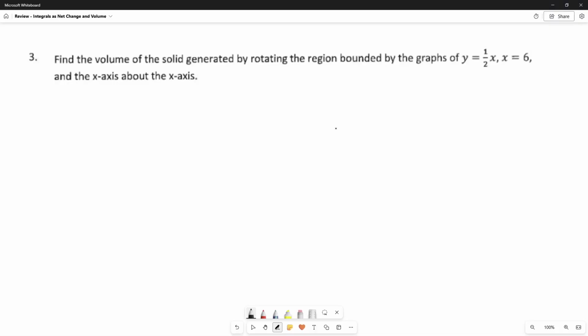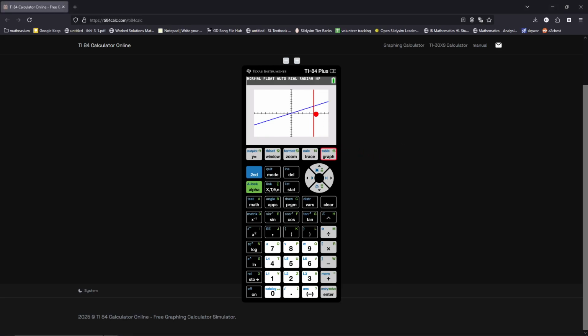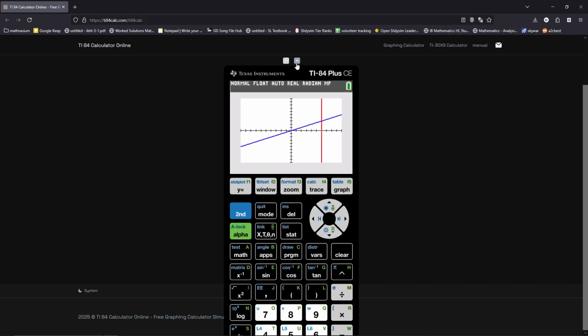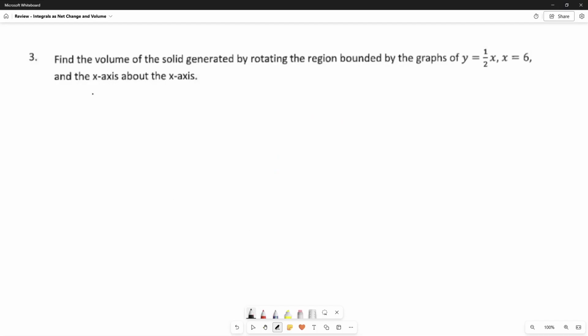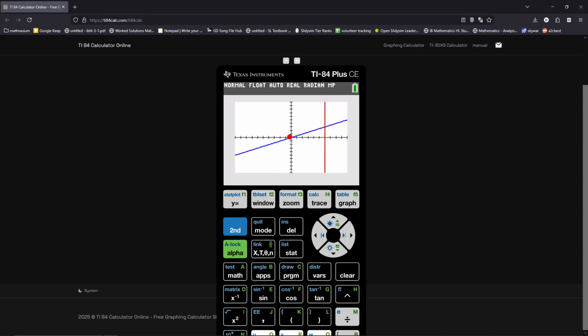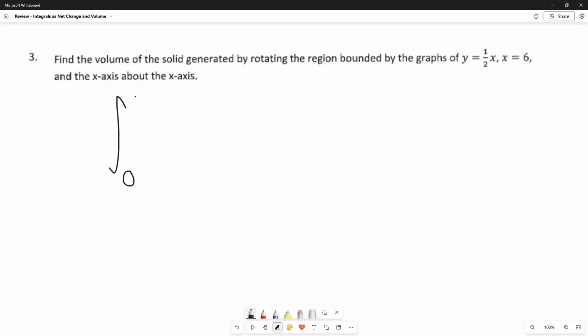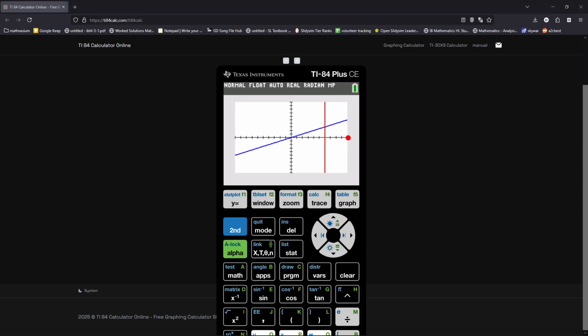So we need to find the solid generated by rotating the region bounded by the graphs. So it's going to be this triangle, and we're rotating it about the x-axis. So what it's going to be is a definite integral from 0 to 6, because those are our bounds, of pi r squared, where r is the radius, or the y value of each little thing.